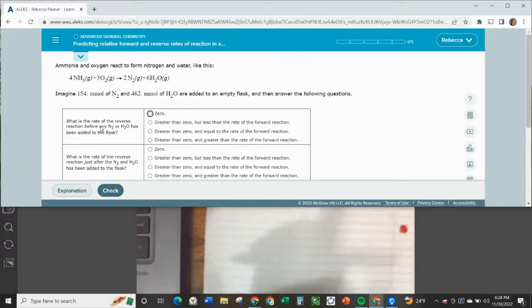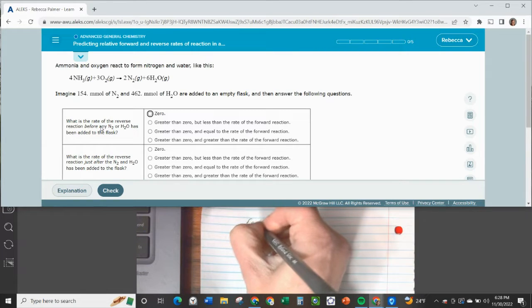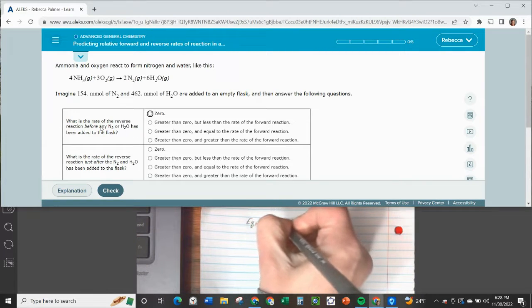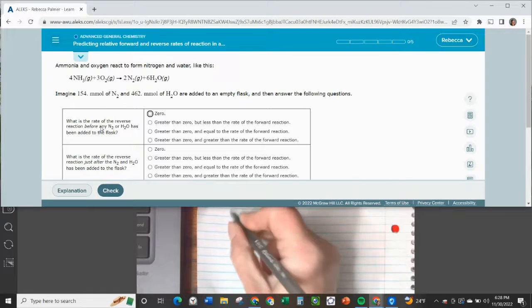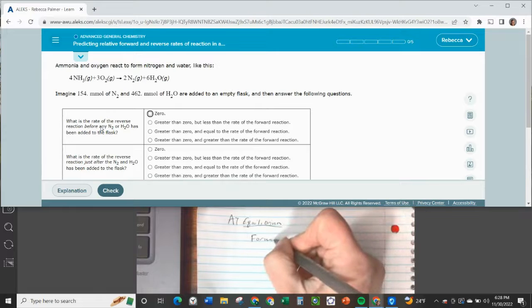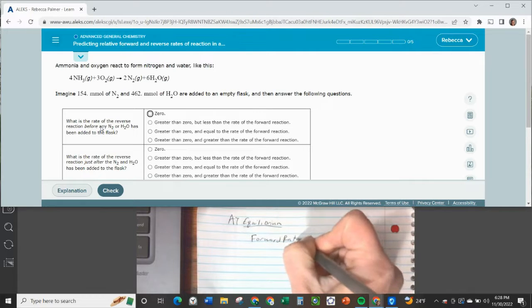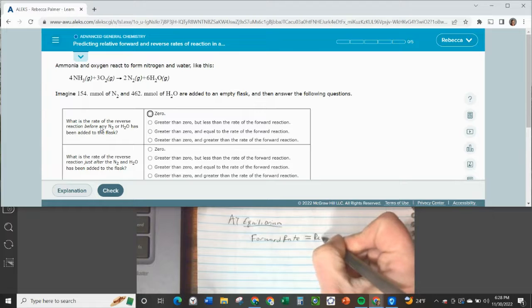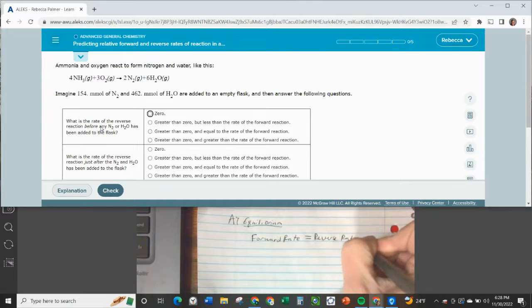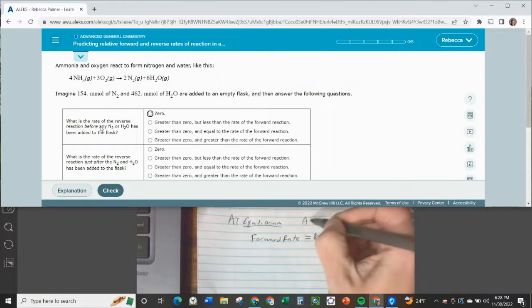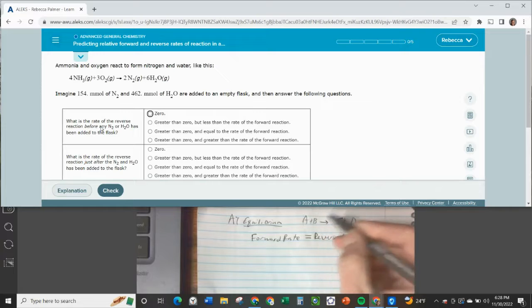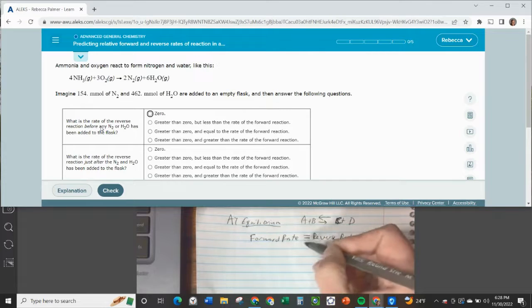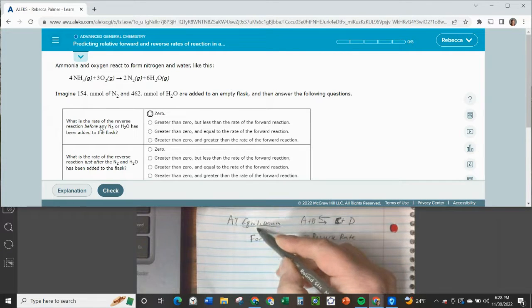Okay, so we need to know what's happening at equilibrium. At equilibrium, the forward rate equals the reverse rate. This is for a reversible reaction, so if we have A plus B going to C plus D, the forward rate and the reverse rate are equal if we are at equilibrium.